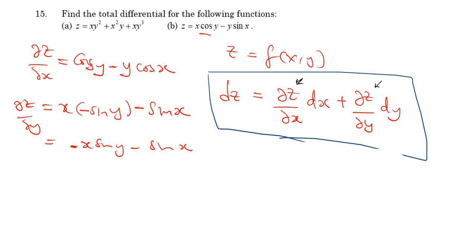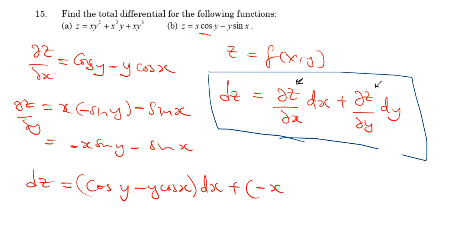Next I just use the formula, dz is going to be equal to cos y minus y cos x on the first part, times dx, plus the one that follows, negative x sine y minus sine x, times dy.